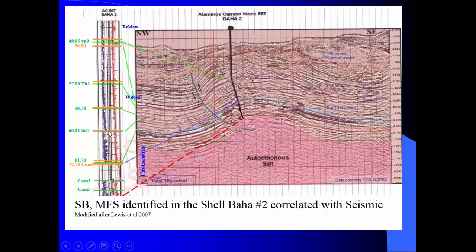Now here you get to the top of the Cretaceous, and these are the Chicxulub sediments here. So this is the top of the Cretaceous, and this interval, probably right about here, is where the Chicxulub sediments are. And then below that it actually goes down deeper than I have it projected on here.